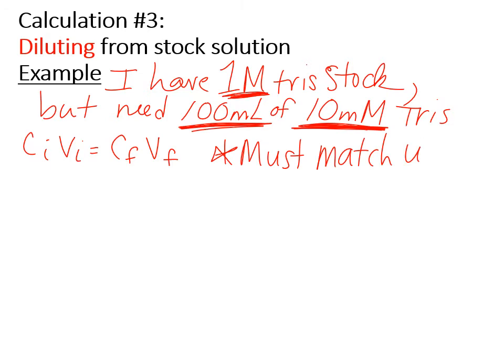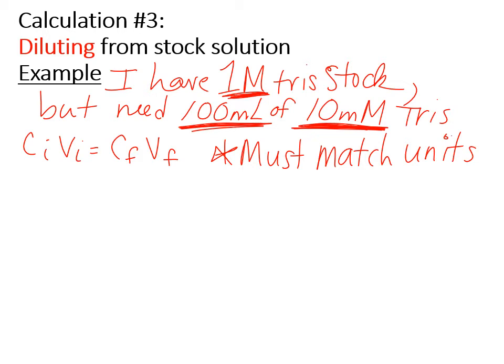Now you notice in the first calculations we did today, back when we did calculation number 1 of molarity, you had to use the units of molar and of liters. Now with this dilution problem, you could use milliliters, but if you have milliliters on one half, let's say on the right side with the final information, then on the left side, your volume also has to be in that same unit.